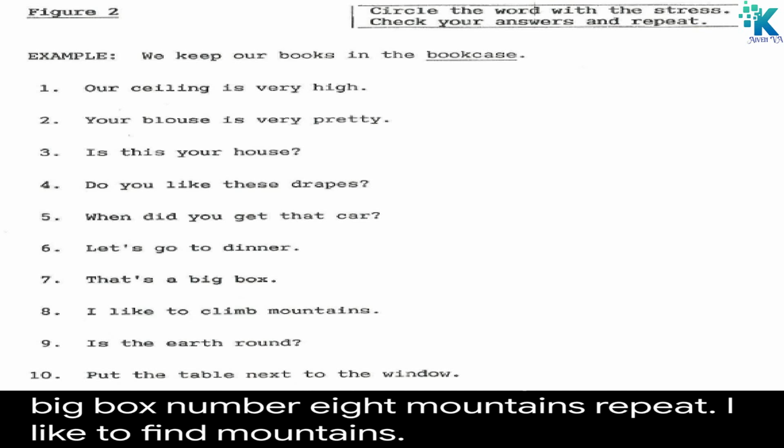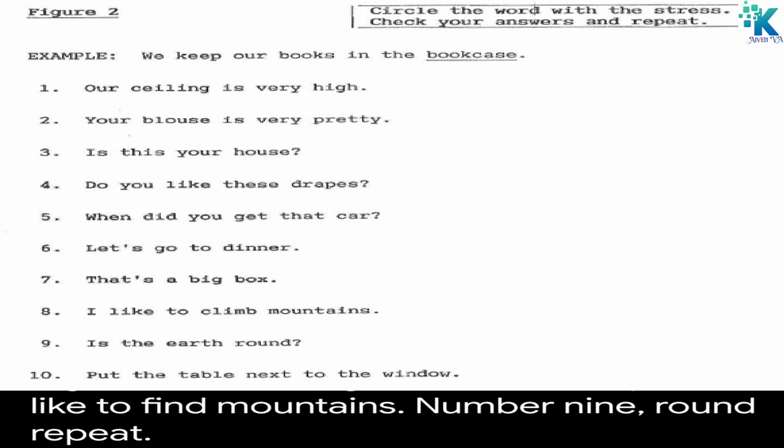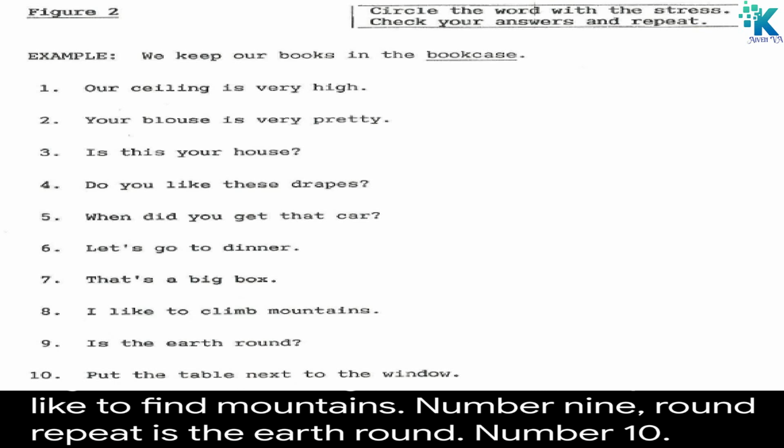I like to climb mountains. Number 9. Round. Repeat. Is the earth round? Number 10. Table. Repeat. Put the table next to the window.